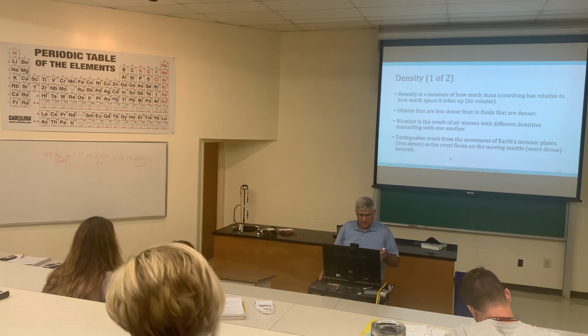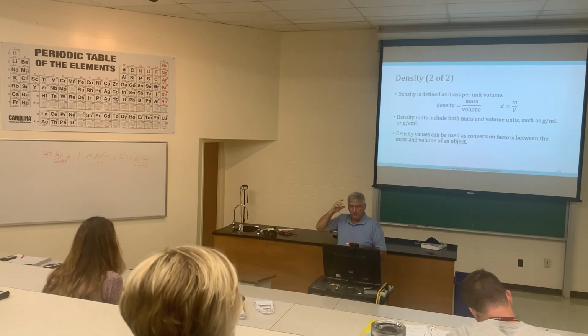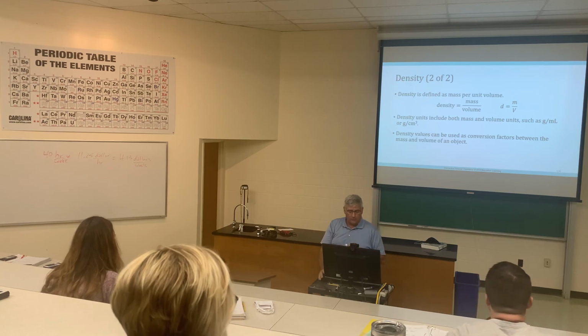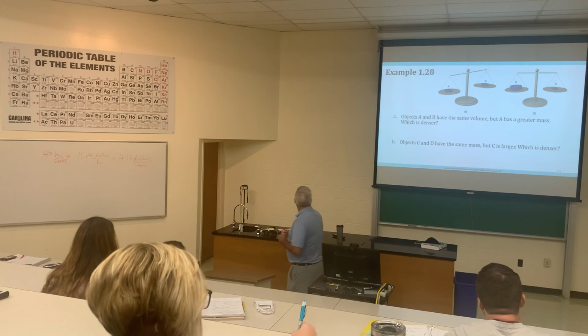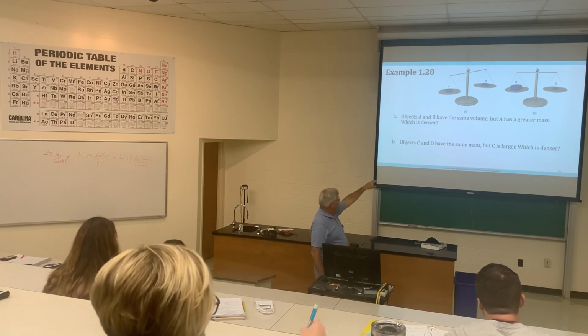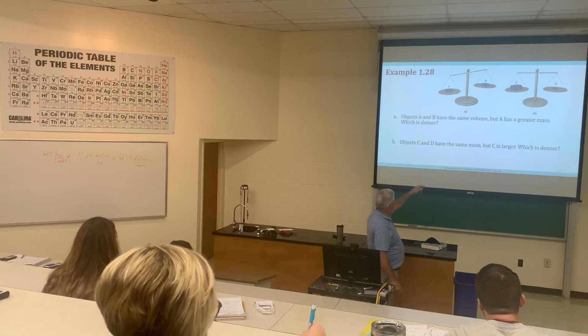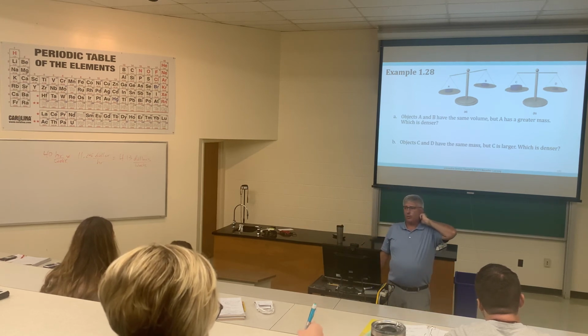We'll use this. This is the last section in this chapter. Actually, that's not true. There's a temperature section following this one. But mass per unit volume, it's easier to look at it from an experimental standpoint. If I have objects A and B, and they have the same volume, but A has a greater mass, which is denser, A or B? A is, it has more mass per unit volume.